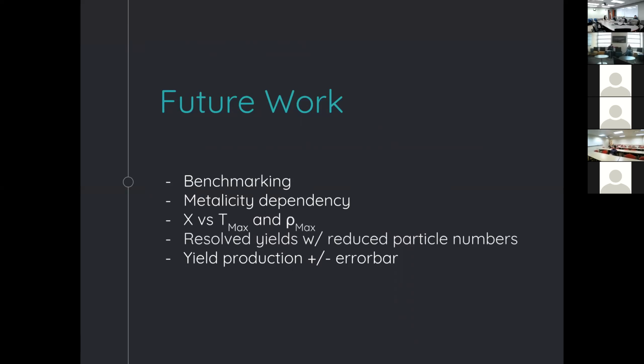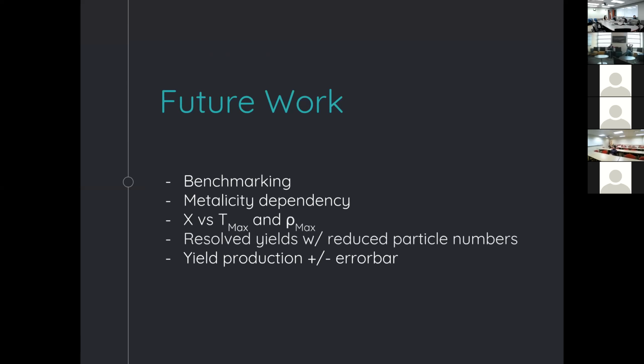But our real goal, in one respect, is to have resolved yields with reduced particle numbers such that we can produce them effectively using the best use of resources here at Hull, and with the greatest accuracy that we can manage, and also have yield productions with error bars, which is something I think that has not been done before, and something that Massive Advisor Marco is very keen on having, to give an idea of where the largest errors are for these models. Where can we really focus in on?